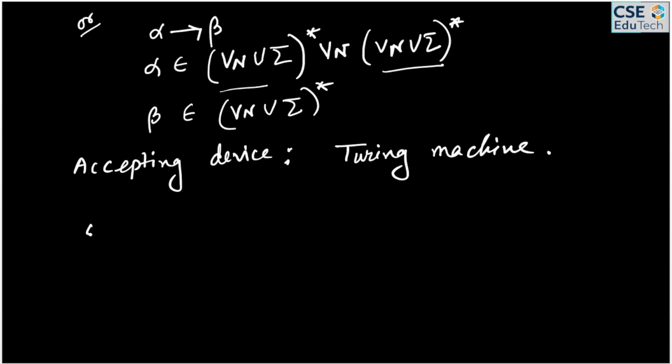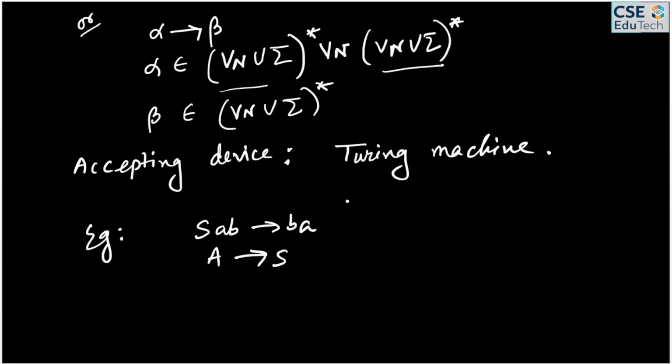For example, suppose SAB to BA, or suppose A to S. So this is a type 0 grammar.